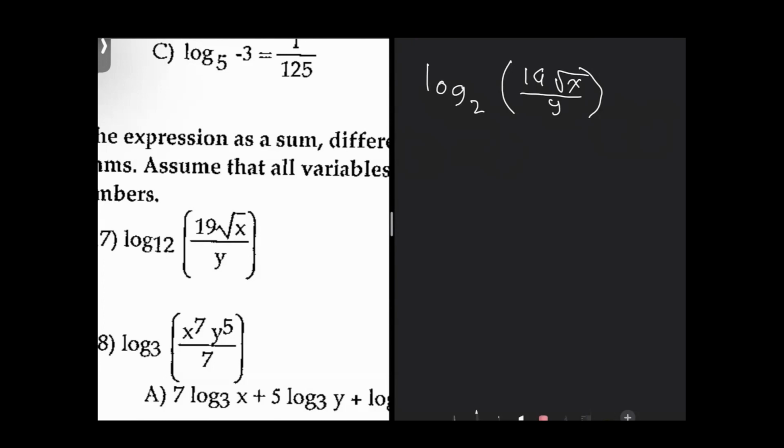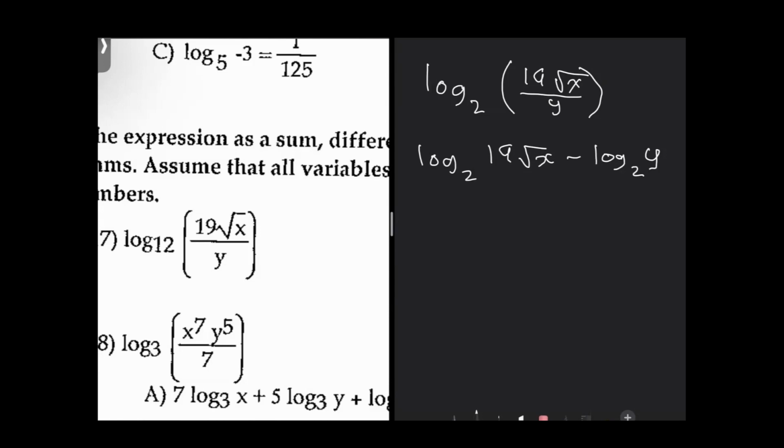Well, the quotient rule. To break this apart, you use subtraction with the same base. So you have log base 2 of 19 square root of x, minus log base 2 of y. The second part of the subtraction is in the simplest form possible. You cannot break it down any further.